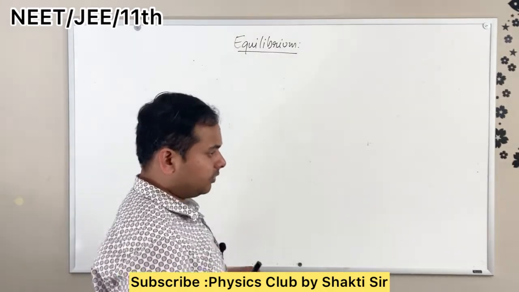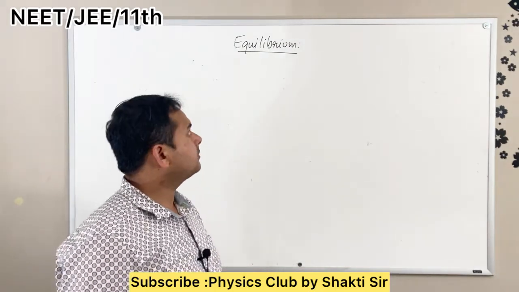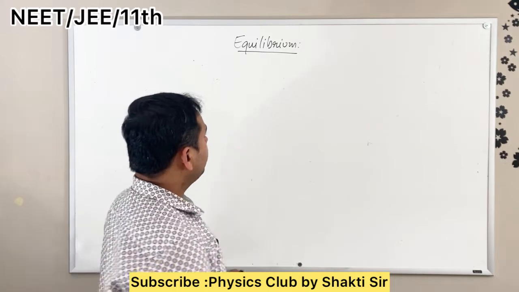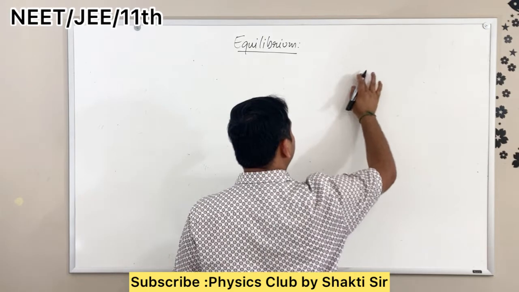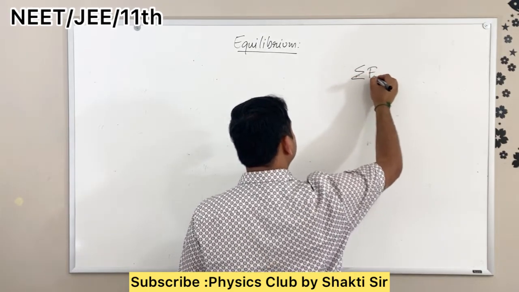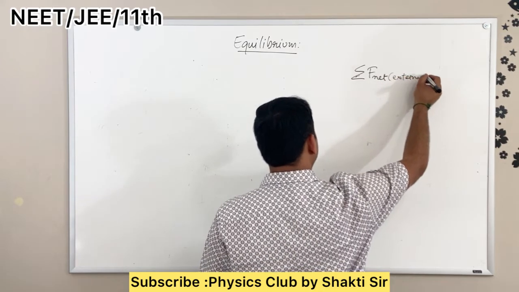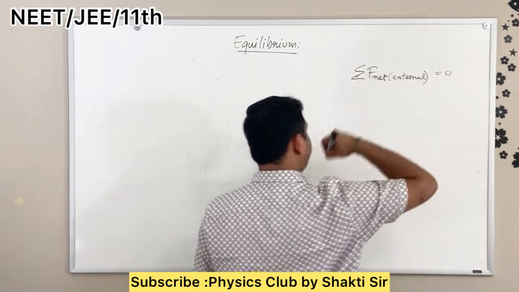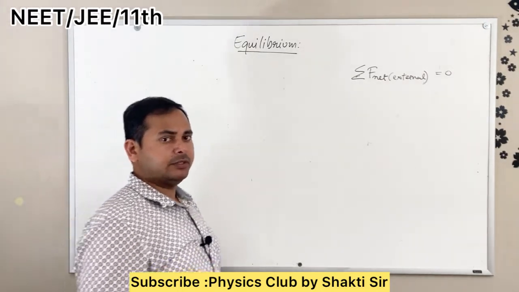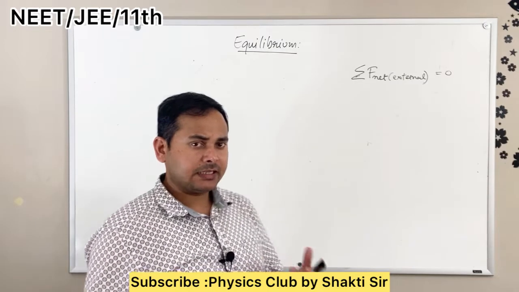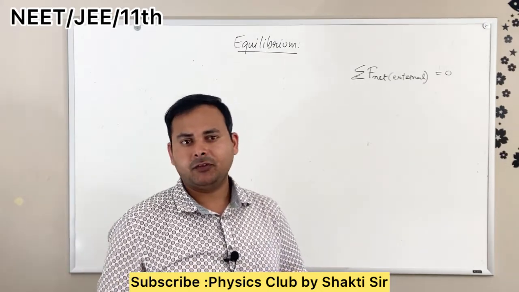In mechanics, in this part of Newton's laws, equilibrium is nothing but: if the net external force acting on the particle is zero, then we can say the particle is in equilibrium. That means if it is at rest, it will remain at rest, or if it is moving in uniform motion, it will remain in uniform motion.